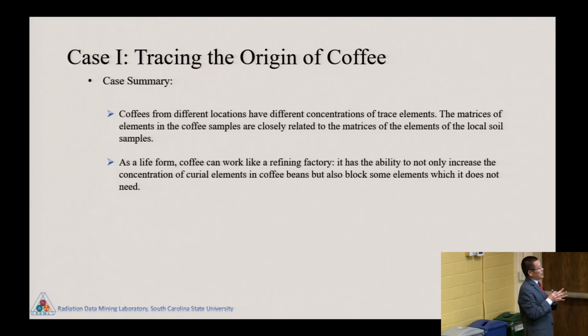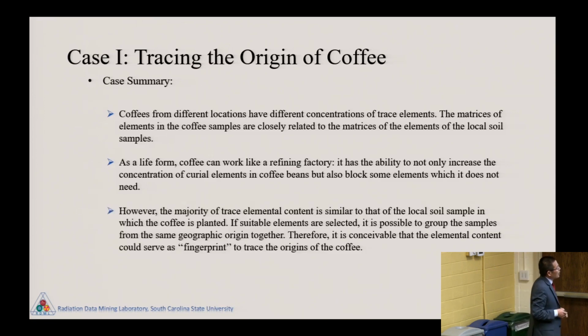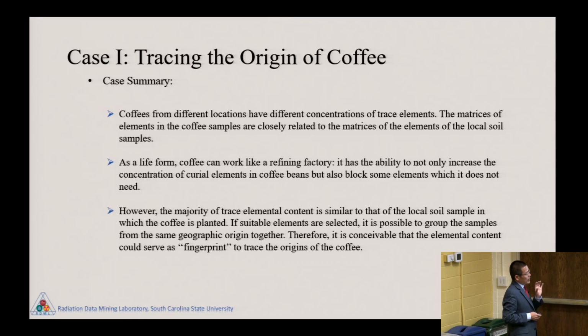It has the ability to not only increase the concentration of crucial elements in coffee beans, like potassium, but also block some elements like iron, which it does not need. However, the majority of trace element content is similar to that of local soil sample in which the coffee is planted. If suitable elements are selected, it is possible to group the samples from the same geographic origin together.